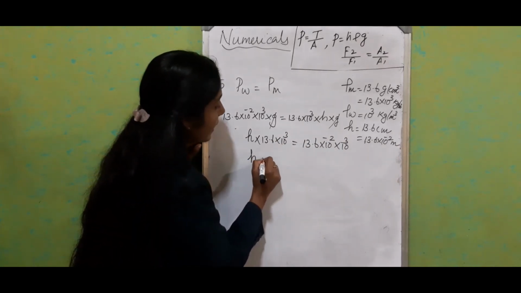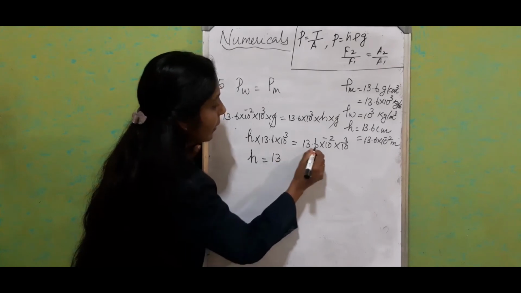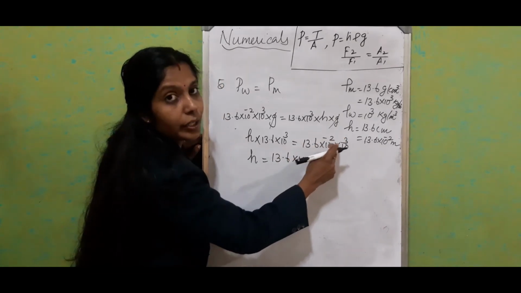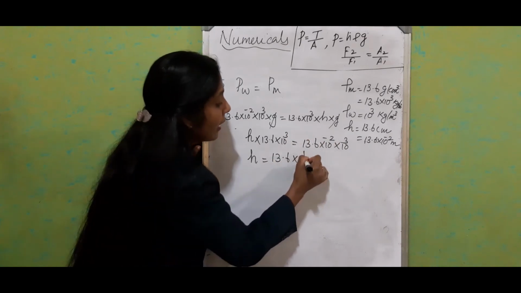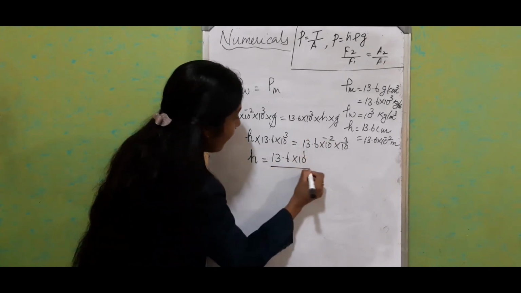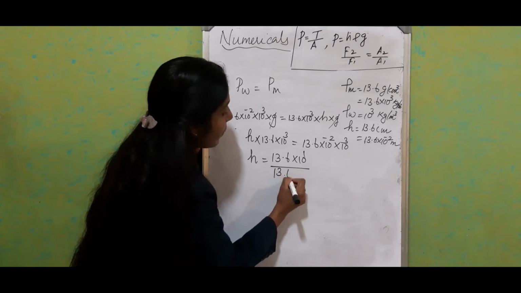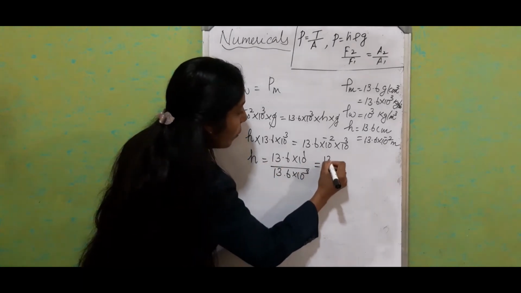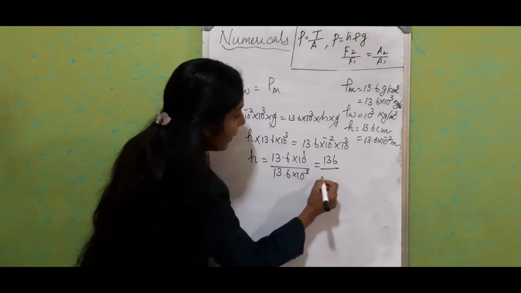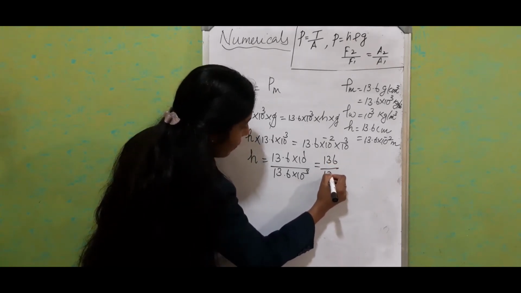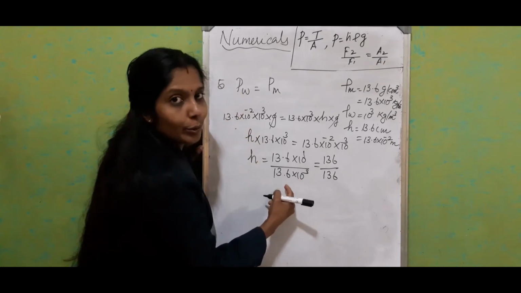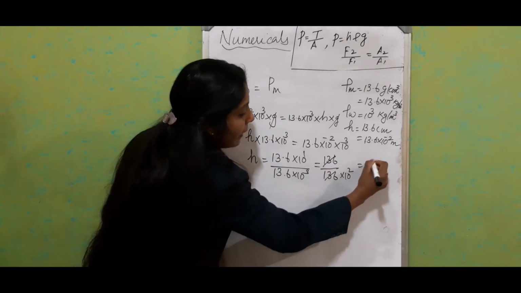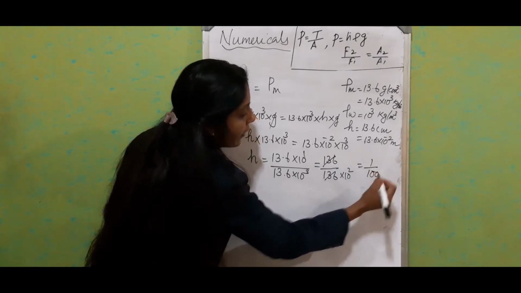Or h is equal to 13.6 into 10 to the power minus 2 into 10 to the power 3, divided by 13.6 into 10 to the power 3. So here we will get 136 divided by 136, and the powers of ten give 10 to the power minus 2. Cancelling, we will get 1 by 100.